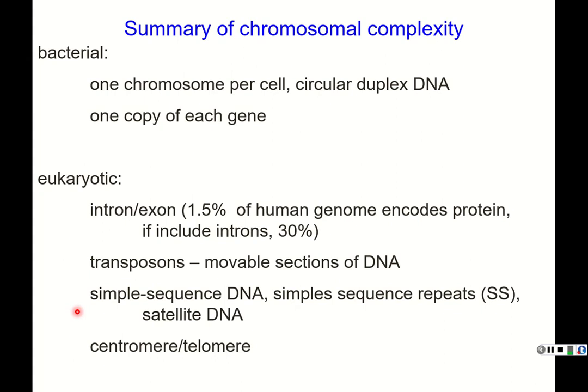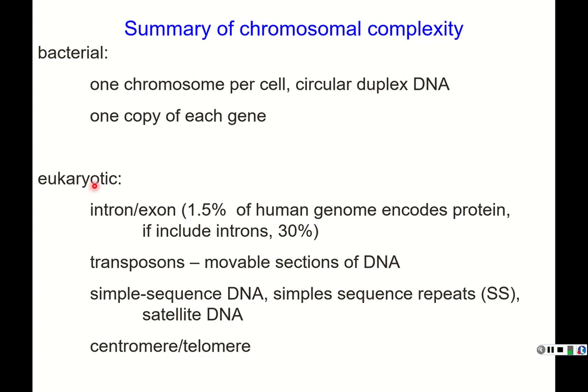So bacterial DNA is organized into one chromosome per cell. Okay, it's circular DNA and it's duplex, meaning it's double-stranded. And in this, you have one copy of each gene. Some organisms actually have multiple copies of each gene, as in eukaryotic cells.